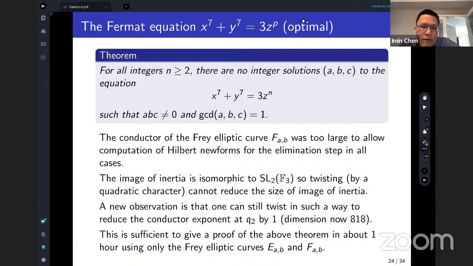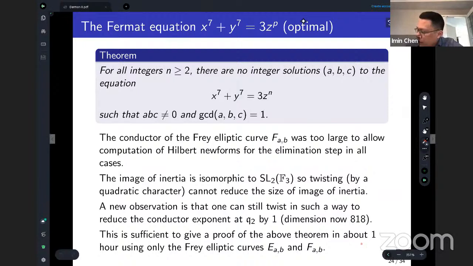However, it turns out, and this is something that we had noticed in our recent work, that it's still possible to twist the elliptic curve so that the conductor is reduced. So the conductor exponent goes down from something like 4 to 3. And now the computation is in a space of dimension 818, which is actually feasible computationally.